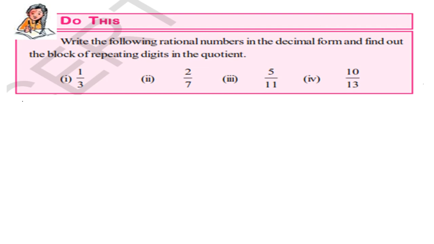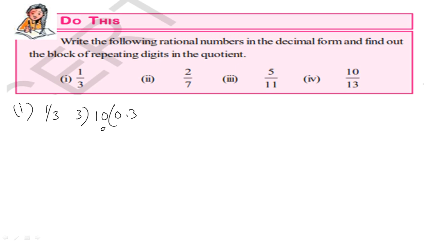The first one is, write the following rational numbers in the decimal form and find out the block of repeating digits in the quotient. So you have to find out the block of repeating digits in the quotient. So the first one is 1 by 3, 3 into 1. So 0.3.